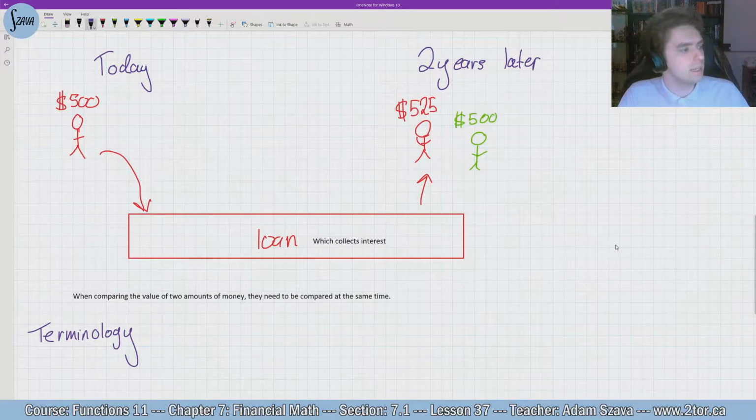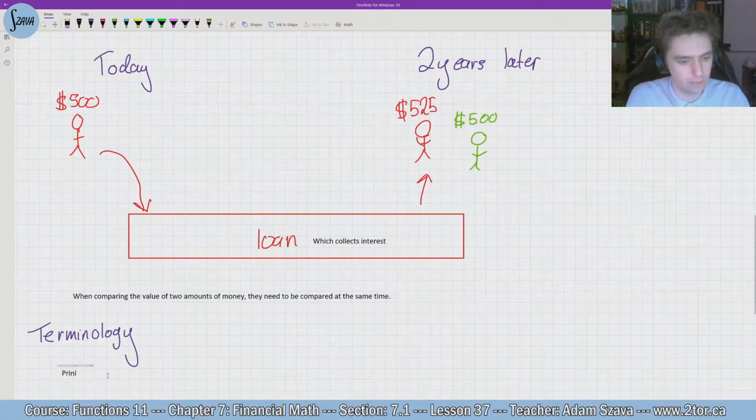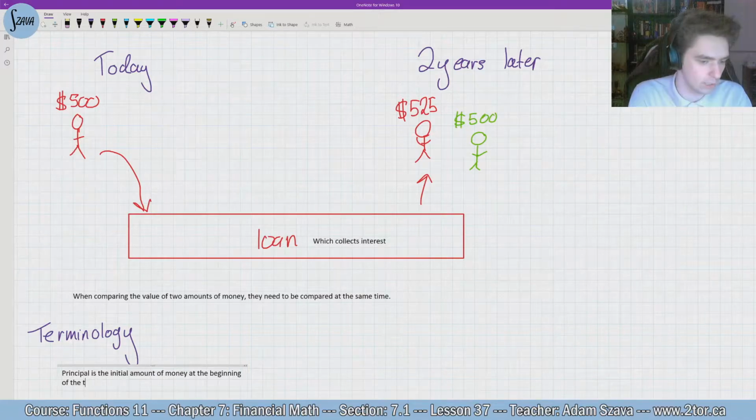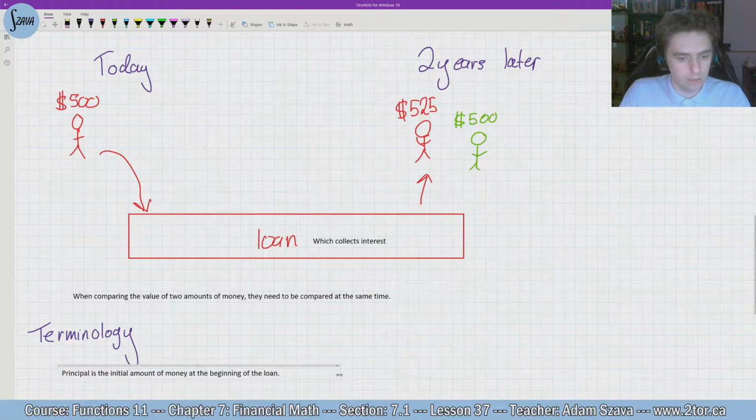Okay, so the first piece of terminology is called the principal. The principal is the initial amount of money at the beginning of the transaction or loan. Let's just call it a loan. When I say principal, you can just think of it as the initial amount of money.